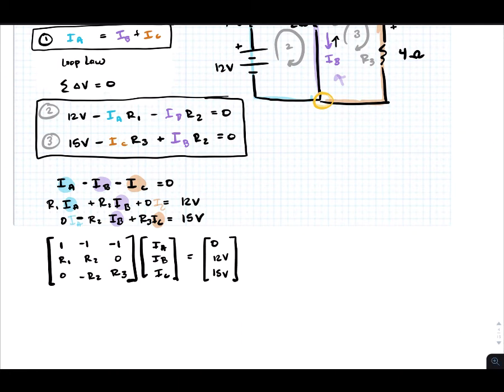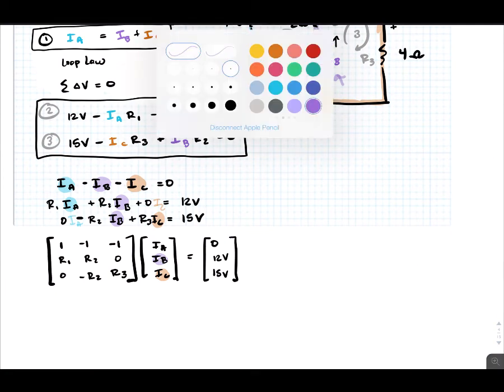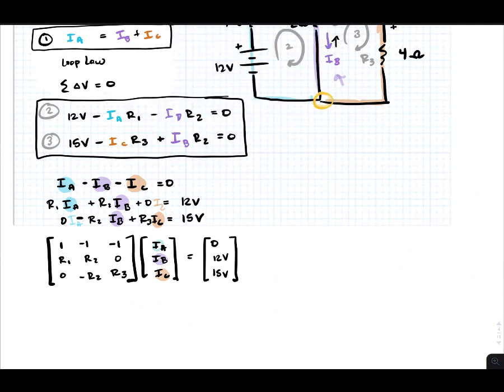And you can see here we've just preserved this structure so that this matrix with the currents in it times our coefficients of resistors gives us our actual voltage.